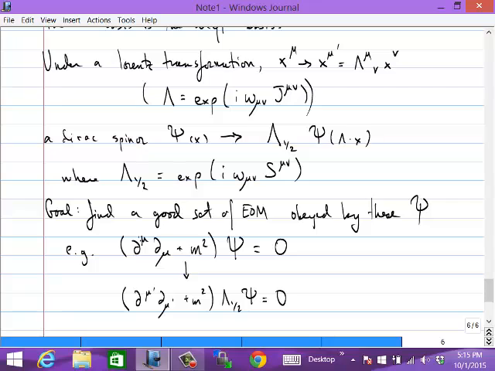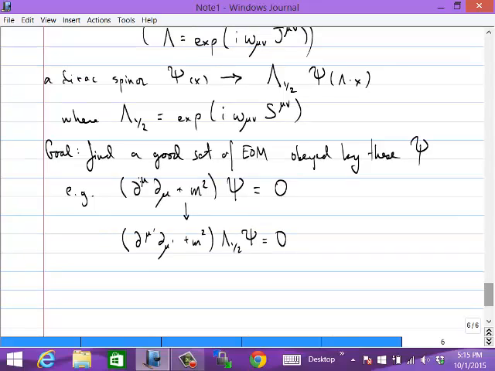But lambda sub 1/2 is just a constant 4 by 4 matrix, so you can just bring it to the other side of that operator. And moreover, it's an invertible matrix. Its determinant is not 0. So that means you can just multiply this equation by lambda sub 1/2 inverse. And you'll see that if the Klein-Gordon equation for a Dirac spinor is equal to 0 in one reference frame, it's equal to 0 in any other reference frame.